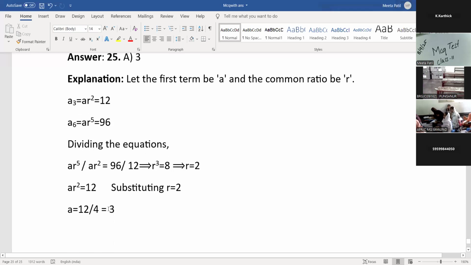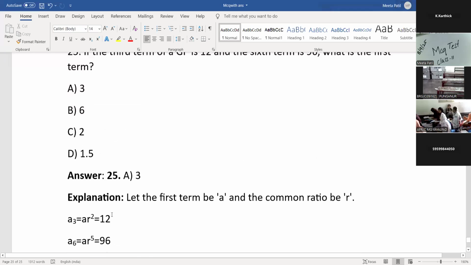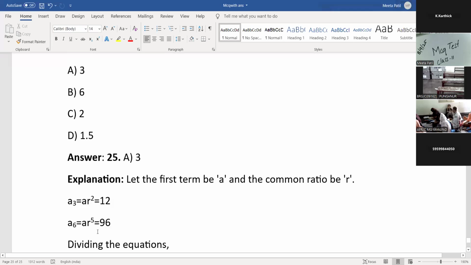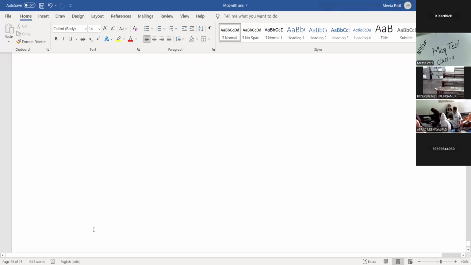You are going to get r^3 = 8 and r = 2. Using this, if you substitute this value in any one of these equations, you are going to get the value of a as 3. The correct option is A. That is 3 is the correct option.